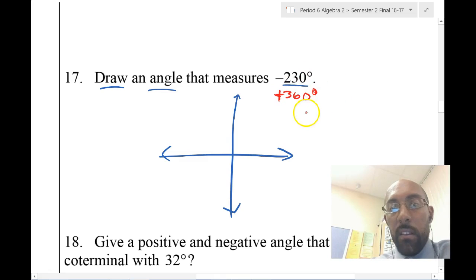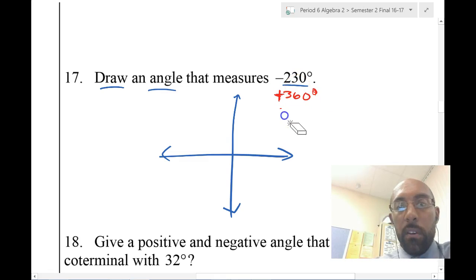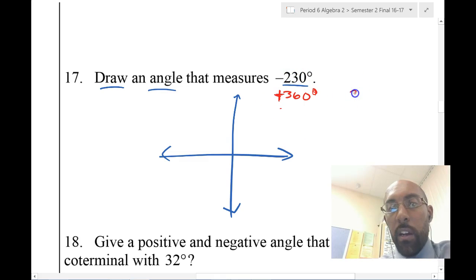So if I add 360 here, then I get, let's see, oops, sorry, I'm not doing this correctly. Actually, because they're different signs, I have to subtract them. So I'm going to put 230 below. Subtract here, 0 minus 0 is 0, 6 minus 3 is 3, and so 130.